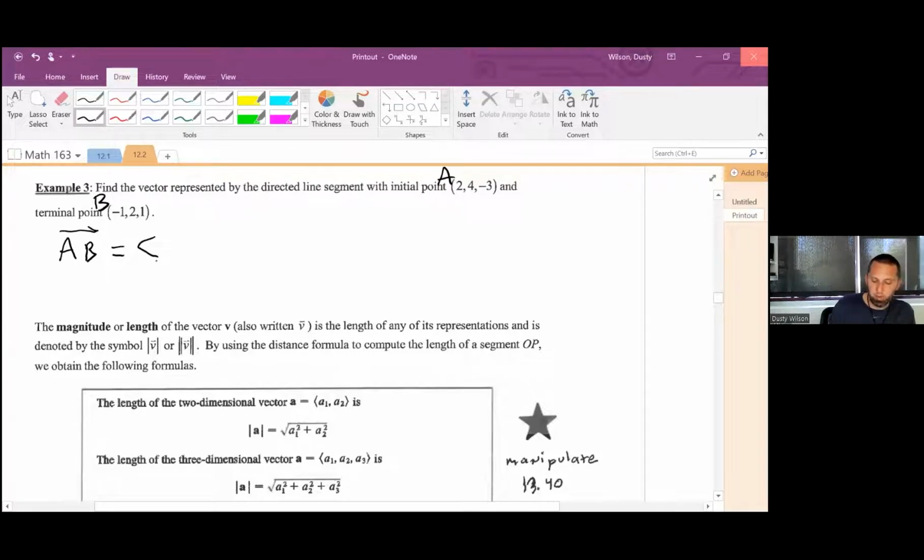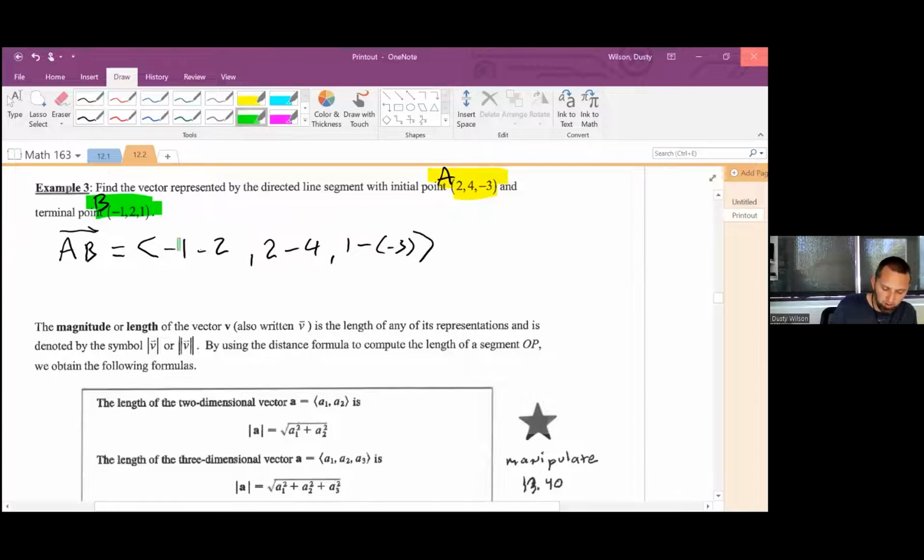And this is going to be equal to the values of the terminal point minus the values of the initial point. If we let all the A's be yellow and all the B's be green, this is going to be the final x value minus the initial x value. The y value in B, which is 2, minus the y value in A, which is 4. And the z value in B minus the z value in A.